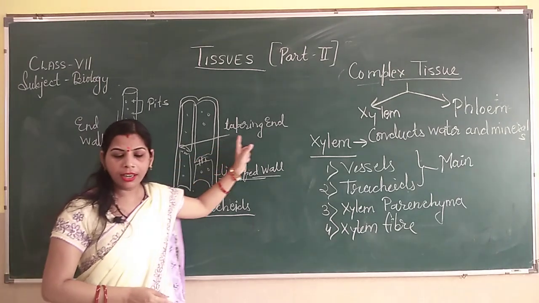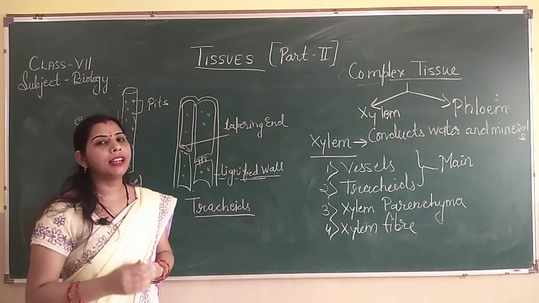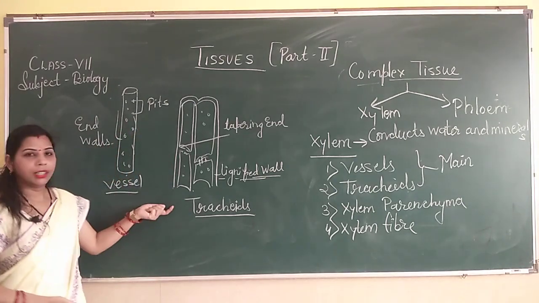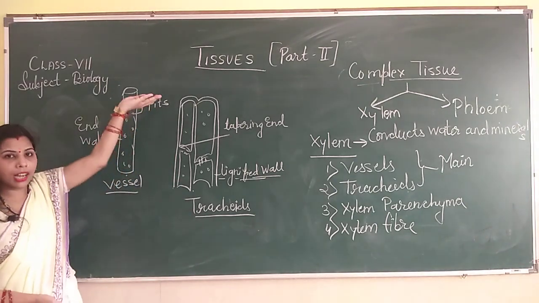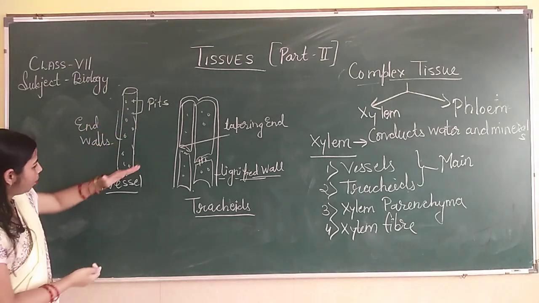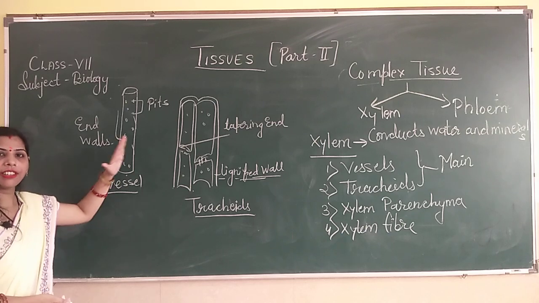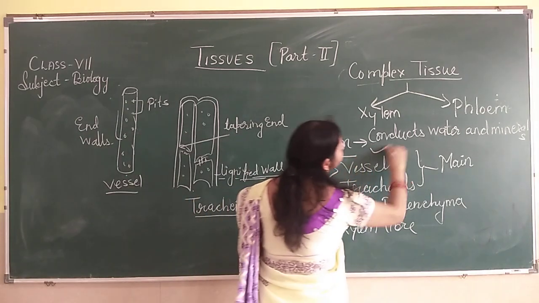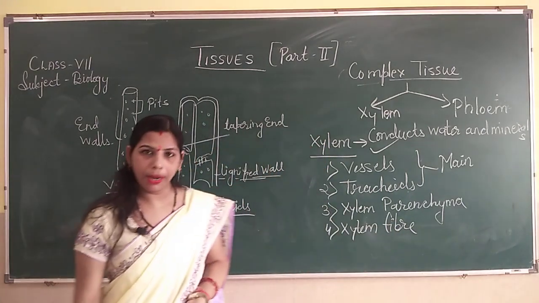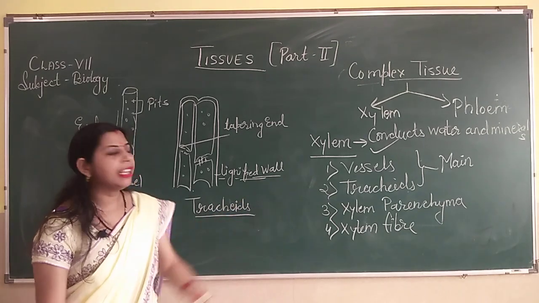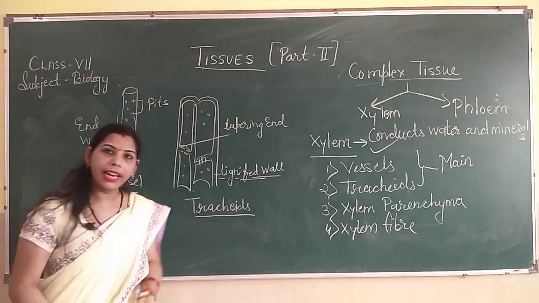The conduction of water always occurs in the upward direction. They are present in a tube-like structure. 1, 2, 3, 4, a number of tube-like structures are there, which supply the water and minerals within the plants. Okay, now I already told you that these are made up of mostly dead cells.